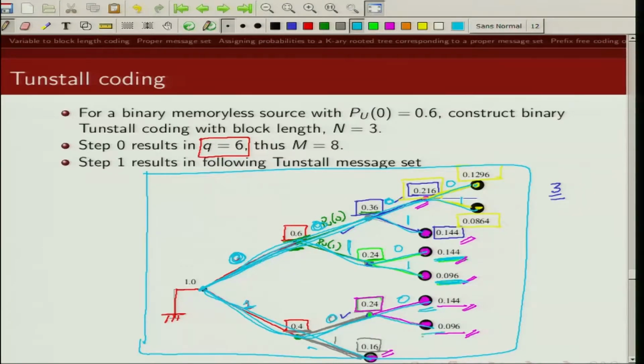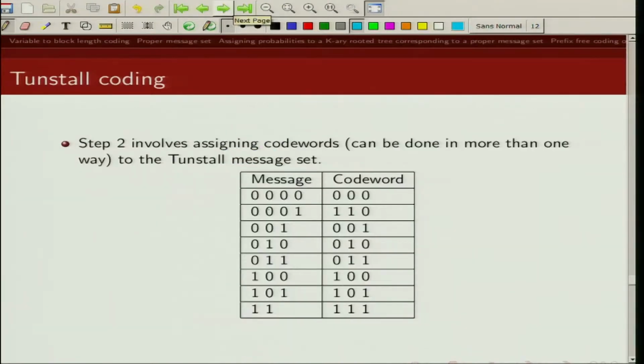This one corresponds to 1, 0, 1, and this one corresponds to 1, 1. So those have been listed here. These are the parsed messages that I am getting from my Tunstall message set. Now these are my total m messages.